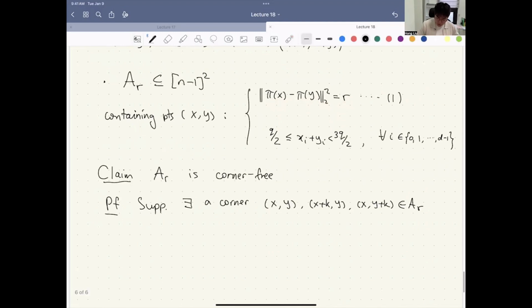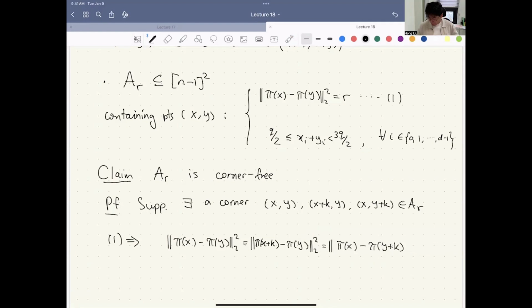So by 1 this implies that the distance between these two coordinates of the grid points between (x, y), between (x plus k, y), and between (x, y plus k) are all r.